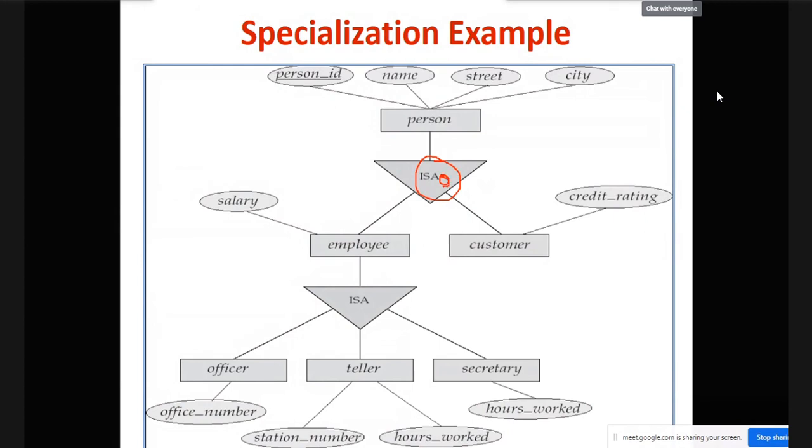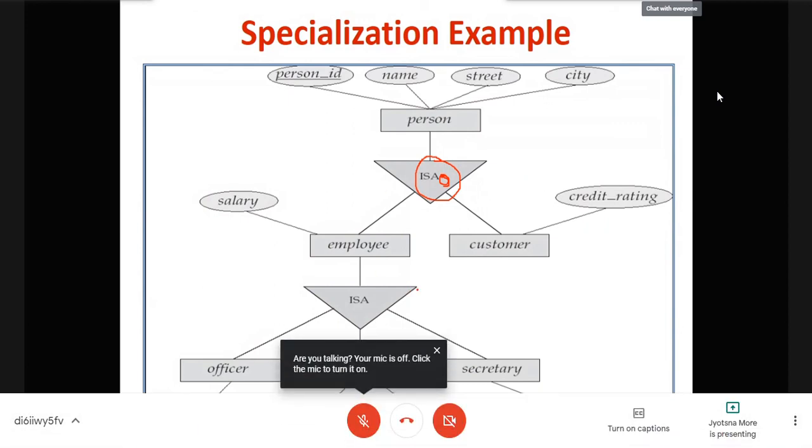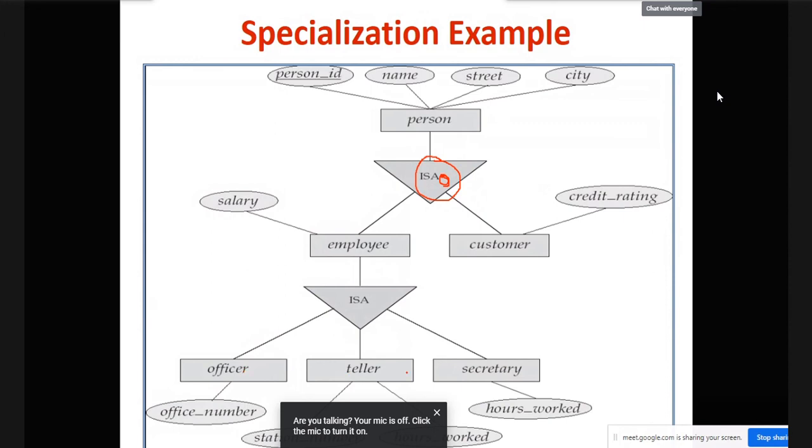Instead of this triangle, you can use a circle, and in that you can write O. The other way, write it with the triangle only, and somewhere over here you can write the word overlapping. Okay, second one, an employee can be officer, teller, or secretary, but one employee cannot be all three, right?